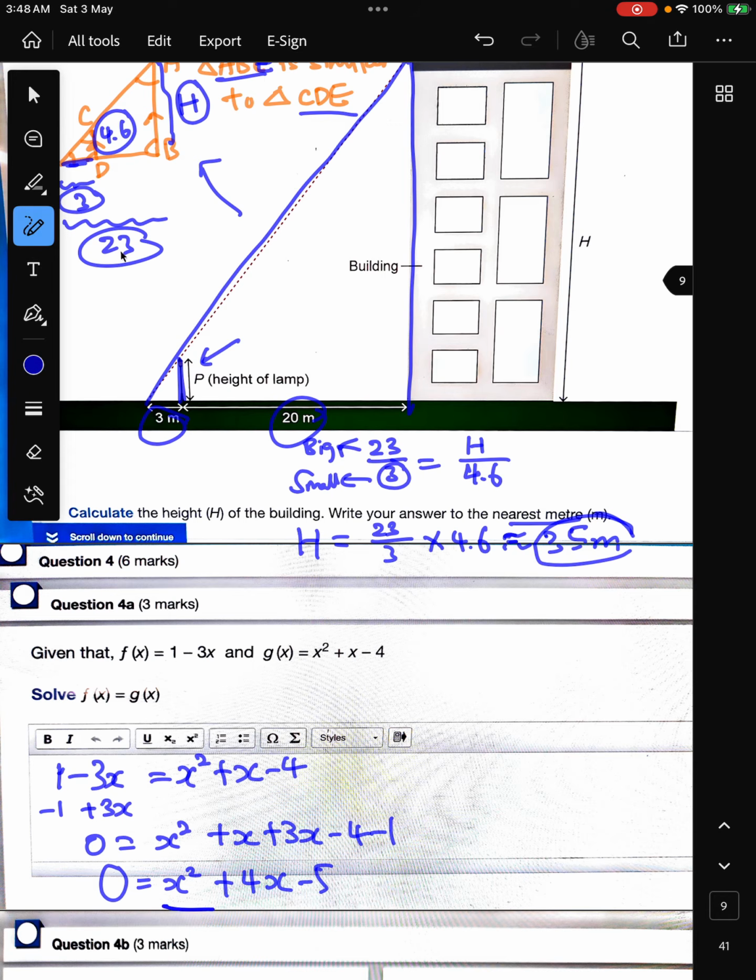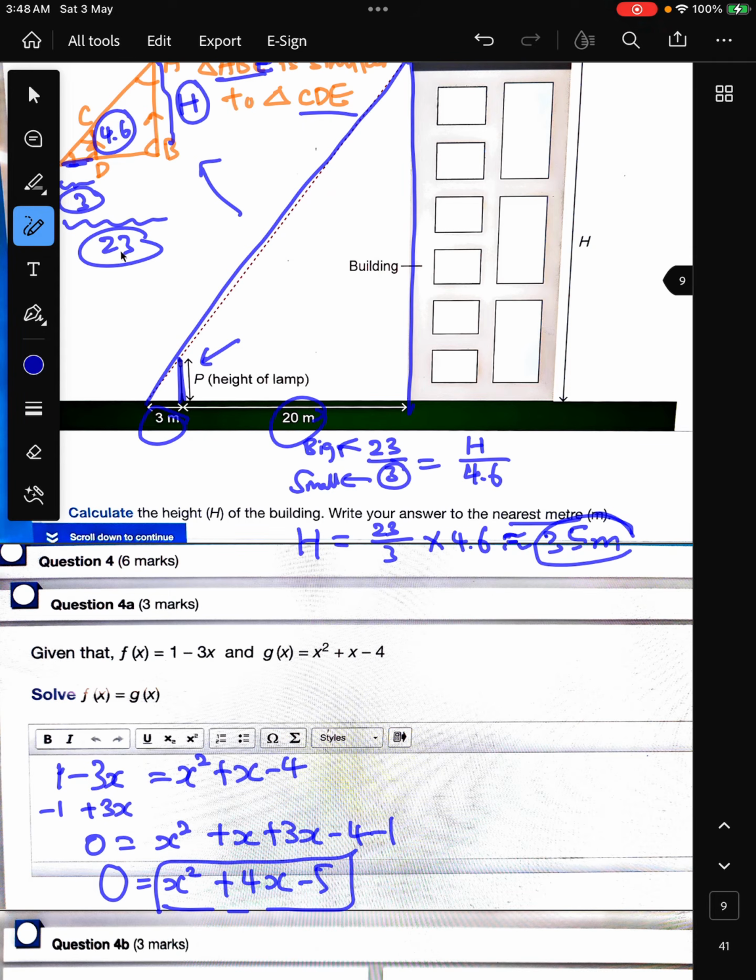There are many ways to go about doing this. You could obviously use the quadratic formula, which is given to you in the formula booklet, or you could try to factorize, which I think is always the more effective way, because it makes your life easier. The quadratic formula is usually quite problematic because students make mistakes with it, but otherwise choose whatever works for you.